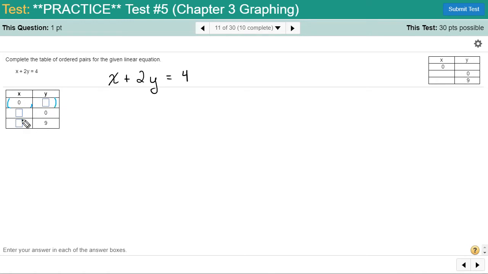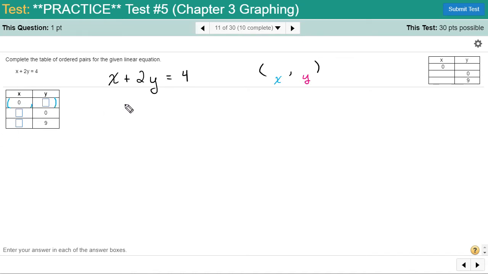That's all this means, it's just in a table form. Since we've been given the x coordinate, it's going to be our job to find the missing y. So we know that an ordered pair is an x comma y. Just like before, we'll let our x be represented by that teal color, and we'll let the y be represented by that pinkish color.